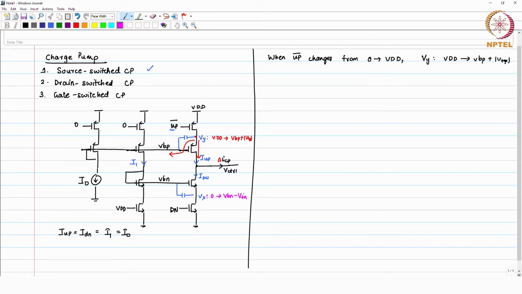So, when this voltage changes from 0 to VBN minus VTN, you have to draw the current from the control node and charge this particular node to VBN minus VTN. So, there is a charging path which happens either from here or from here, and it happens from both the places, which actually changes the control voltage.